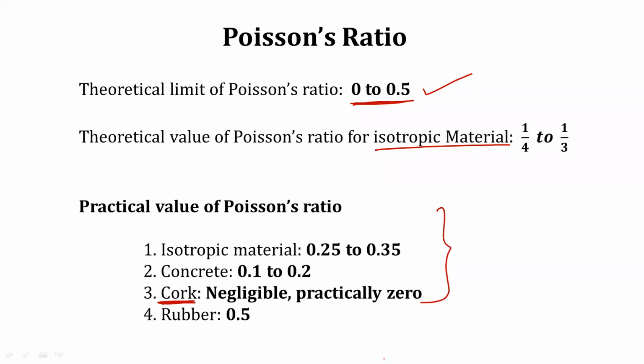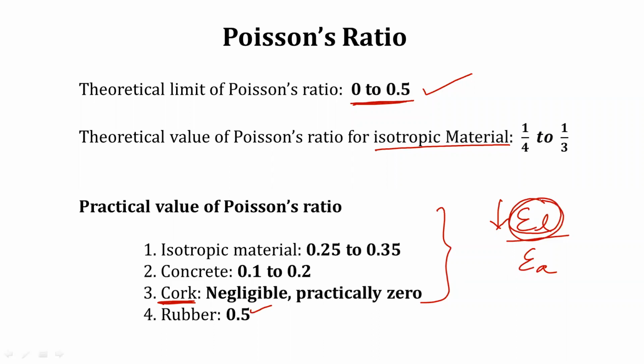And for rubber, we have the maximum value, because the values depend on the lateral strain and axial strain. For rubber, the diameter or lateral dimension will reduce by a large factor. That means this quantity will be high.